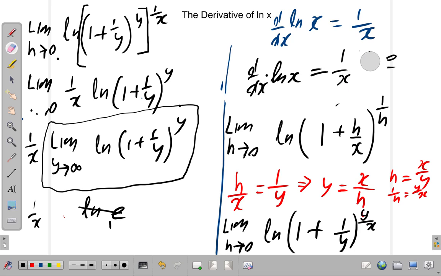But since ln e is 1, then we just have 1 over x times 1, which is the same as 1 over x. So therefore, d by dx of ln x is equal to 1 over x. Right? So this is the result that we have. You should remember this standard result.